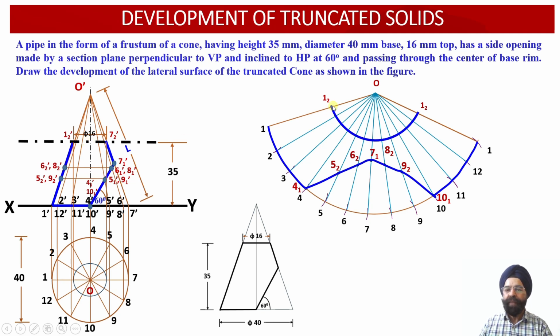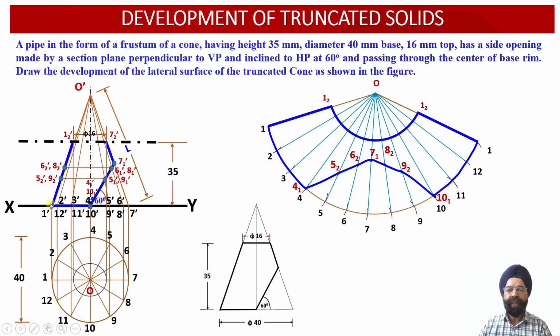So this way, corresponding to the frustum of the cone, this is the development, and now we can join points 1, 2 and point 1 over here on either side, and we can join this portion of the curve onto the base and this portion of the curve onto the base.